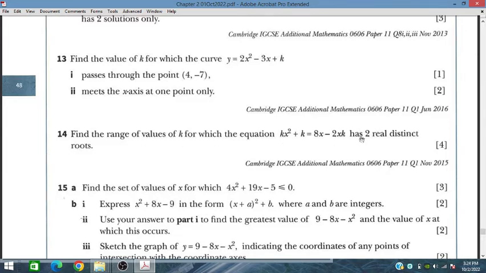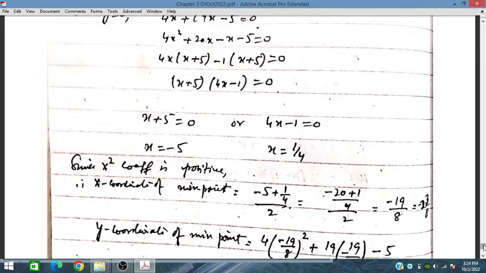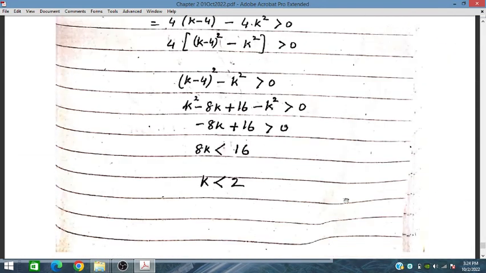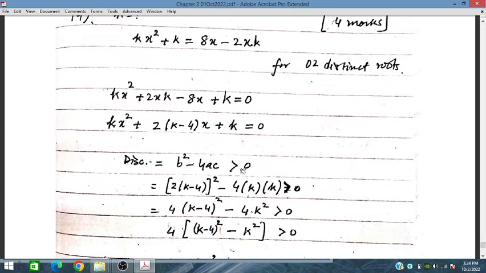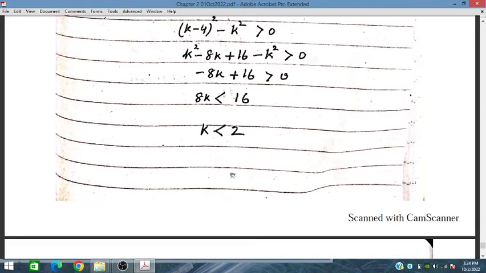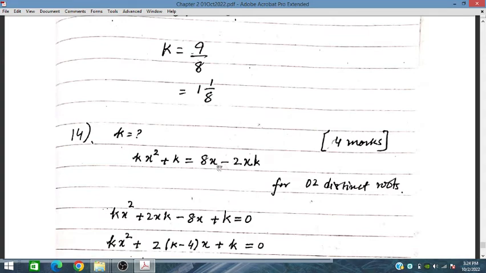When the discriminant is greater than 0. So we find from this equation the value of k for which the discriminant is greater than 0. So we solve this for two distinct roots. This discriminant is greater than 0. We have found that the value k is less than 2. For k less than 2, this will give us two distinct roots.